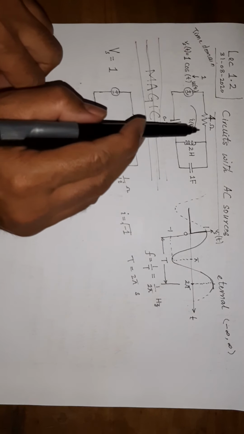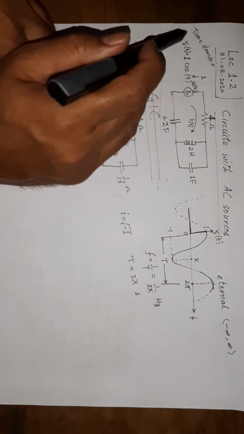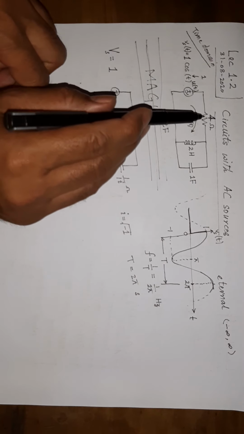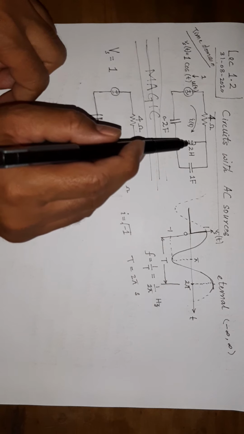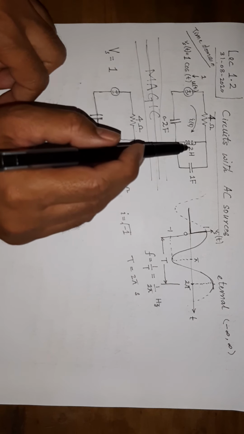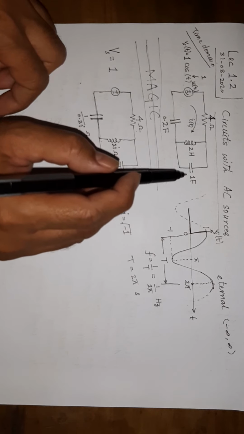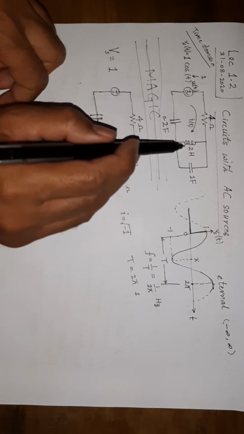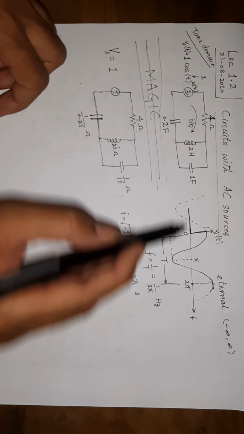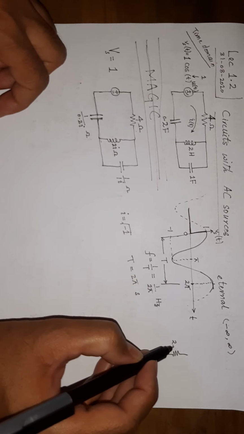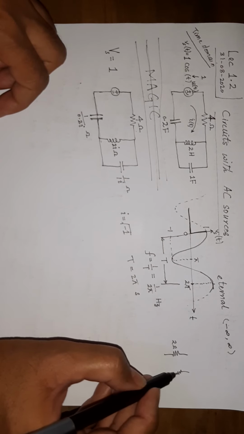Now, when this whole circuit was given to us in the time domain, would any one of you take a parallel equivalent of these two by multiplying these two and adding these two in the denominator? So 2 multiplied by 1 divided by 2 plus 1, like we take the parallel equivalent of two resistors, say a 2 ohm resistor and a 1 ohm resistor.